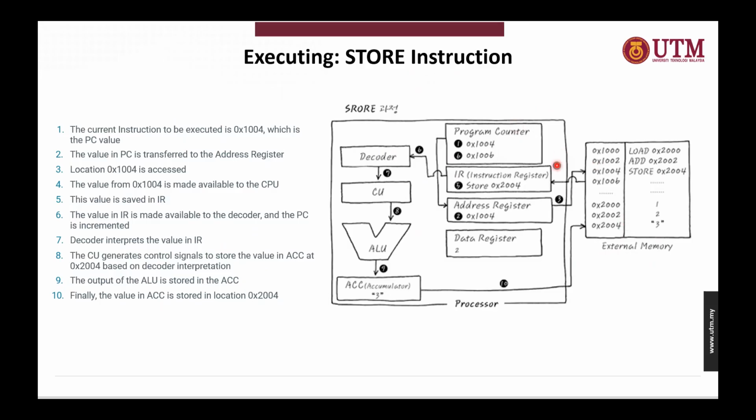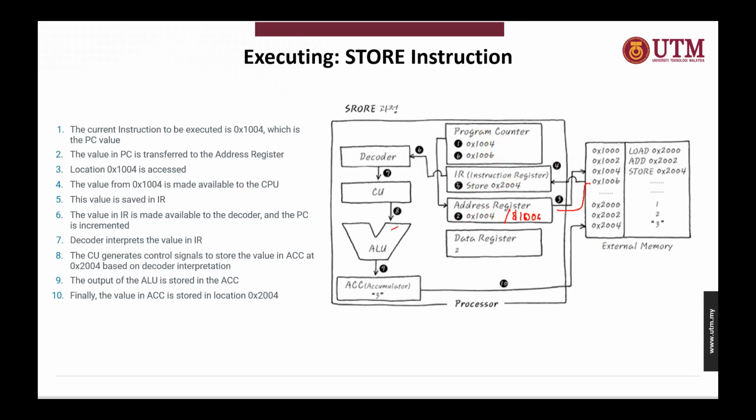For the next cycle, the program counter has address 1006. Now it has address 1006, put it onto the address register. So what happens?